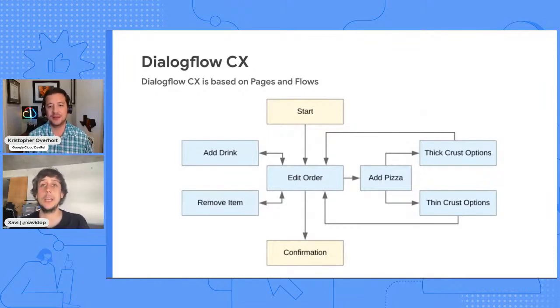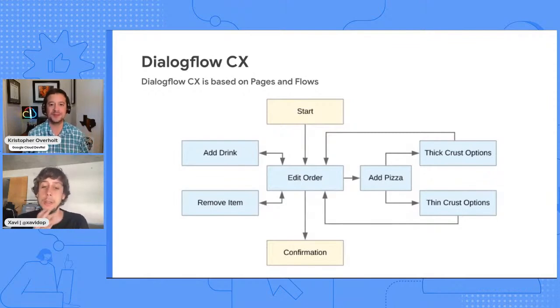So basically, it's stateful because Dialogflow CX will save the state of every single user. For instance, let's say that you start an order, and you stop using the assistant, and you don't finish the order.